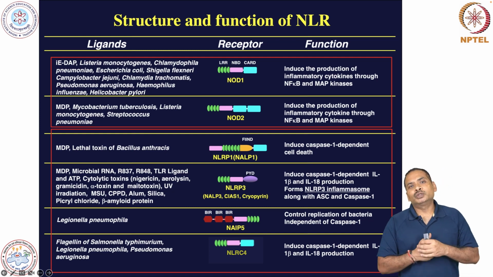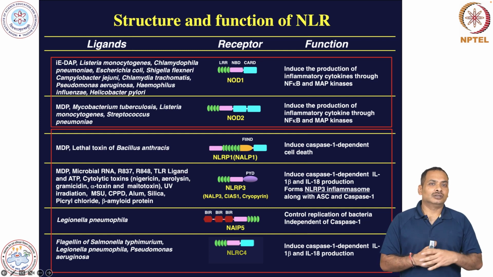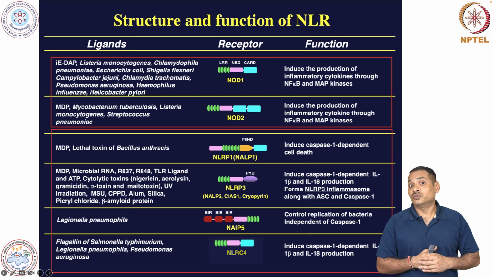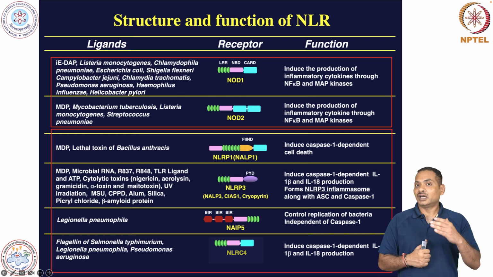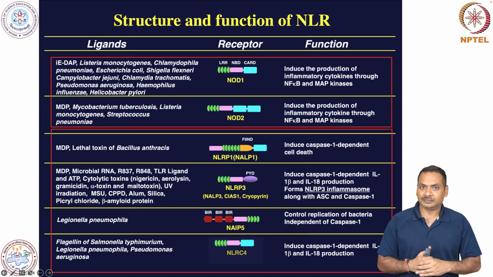And this multi-protein complex basically induces a very important family of cytokines, which we call the IL-1 family cytokines. Okay. And this IL-1 family consists of several cytokines, but the key cytokines are IL-1 beta, IL-18 and IL-33.